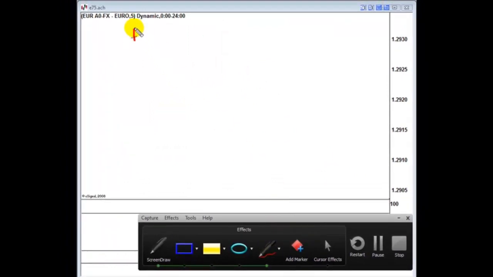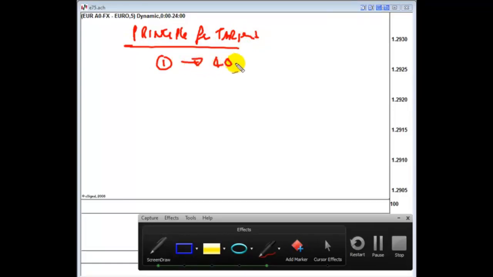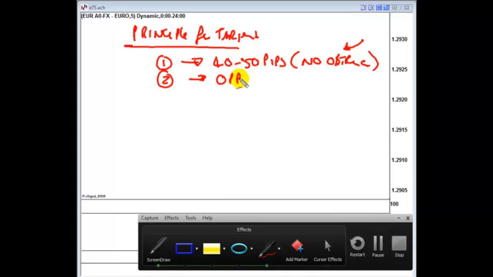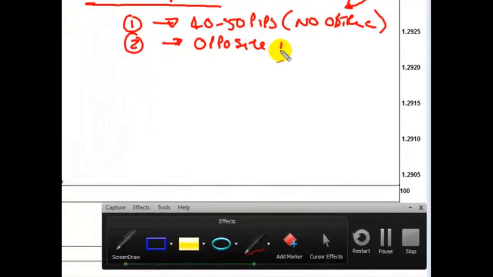So principles for targets. One, I want to aim for 40 to 50 pips with no obstruction, and I'll tell you what that means. That word there is obstruction. Secondly, I want to aim for the opposite side Bollinger Band.